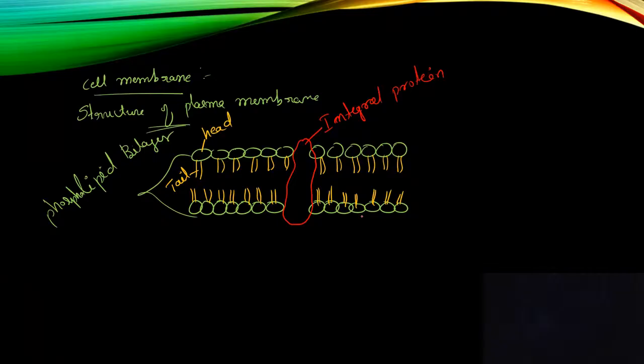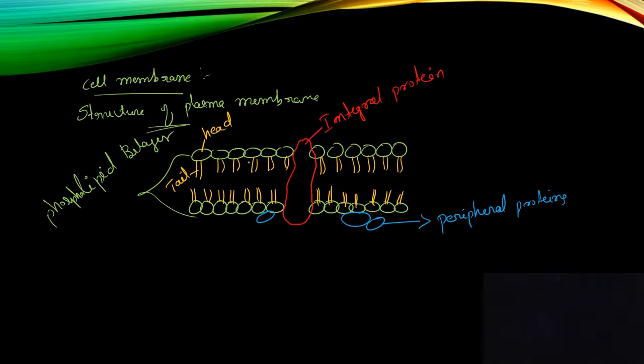And another structure we're going to observe is also a protein, but it is not completely embedded in the lipid bilayer. They are floating here and there, outside the lipid bilayer, hence they are called peripheral protein.